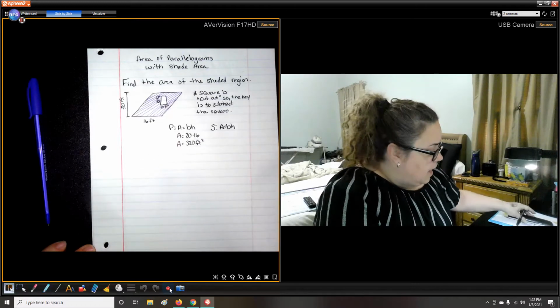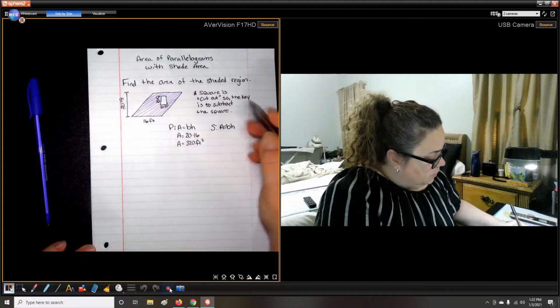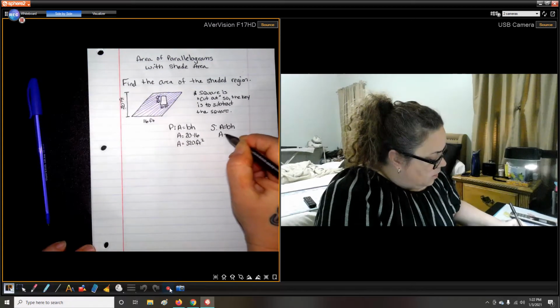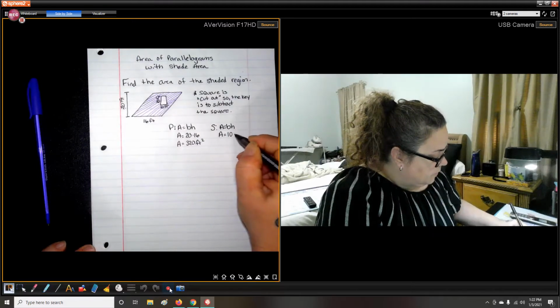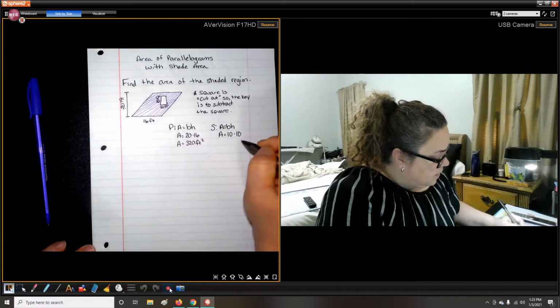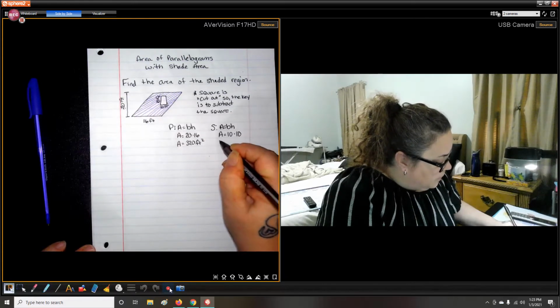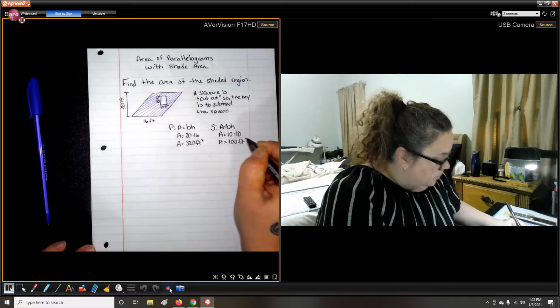Okay. And then our square, our base is 10. Our height is 10. When we multiply, we get our area of 100 feet squared.